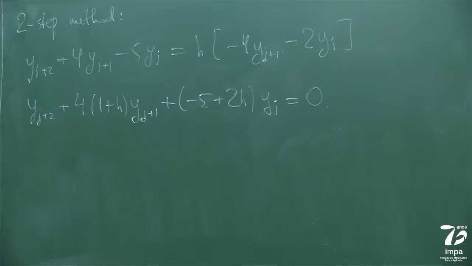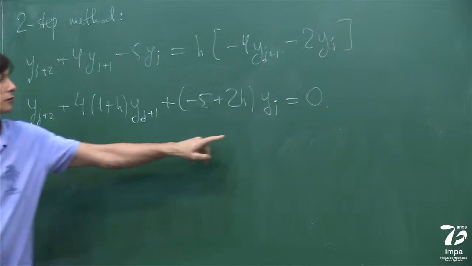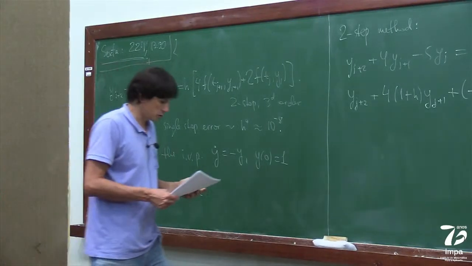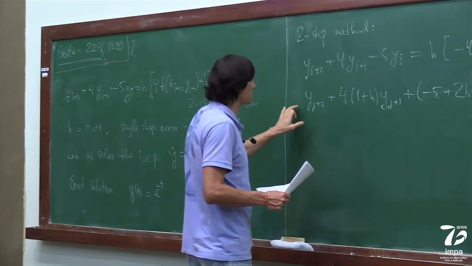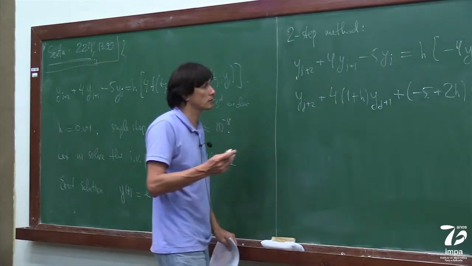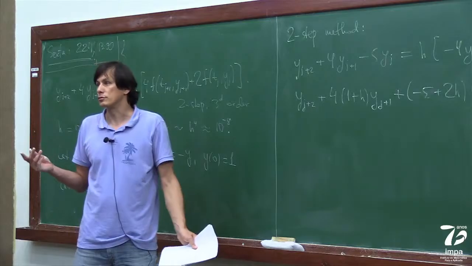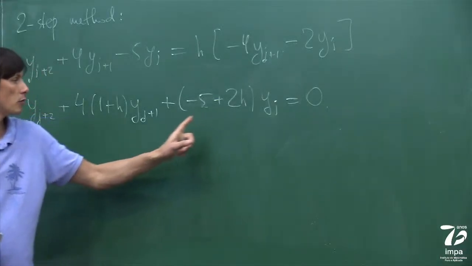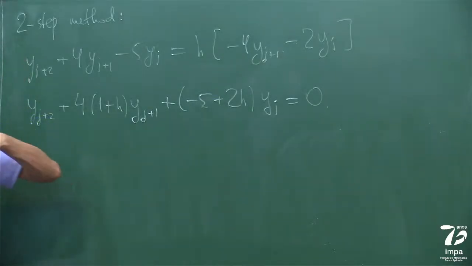So that's a linear equation. It gives you the next step if you know the two previous steps. Since it's a linear system, in principle we know how to solve it in general. You need to find two particular solutions. If you have two initial states like y1, y0, you know all other states.